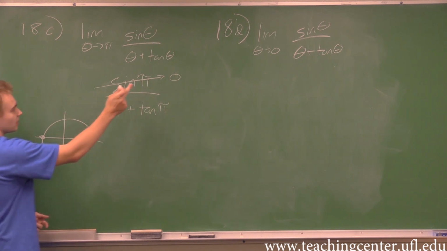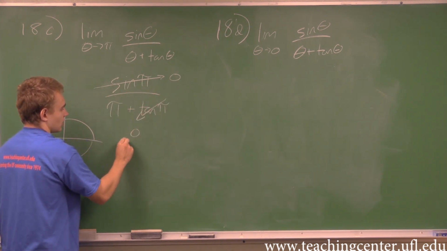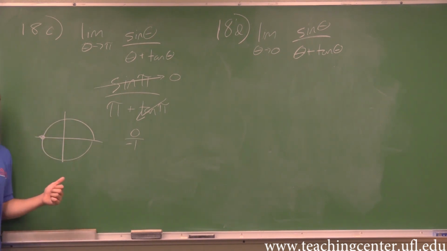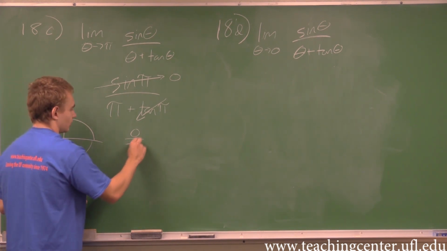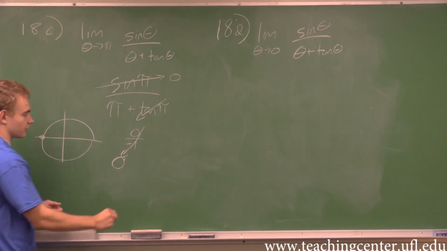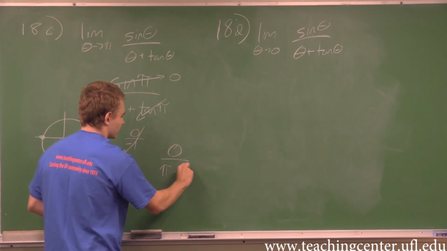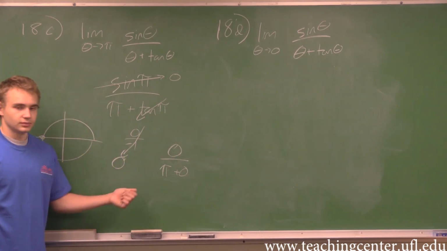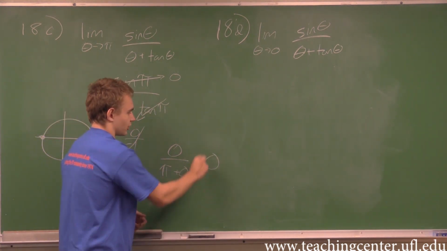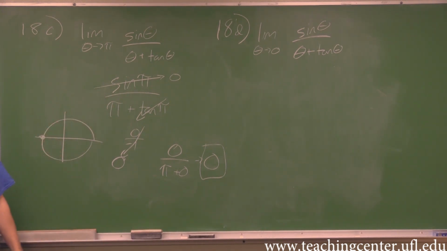So sine is 0, and cosine is -1. So still goes to 0. So I'm going to rewrite this. Now I have 0 over pi plus 0. And this is obviously just 0. So your answer is 0. No simplification needed. All we had to do was plug it in.